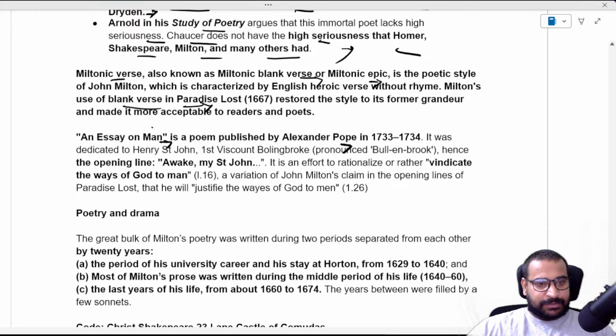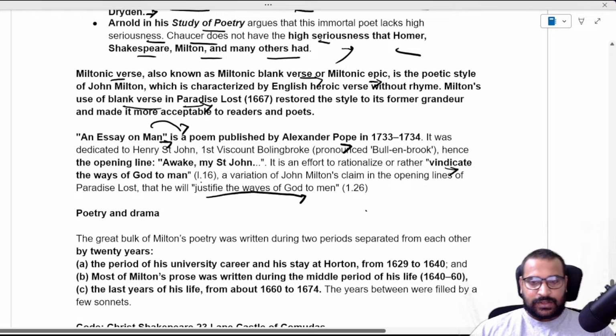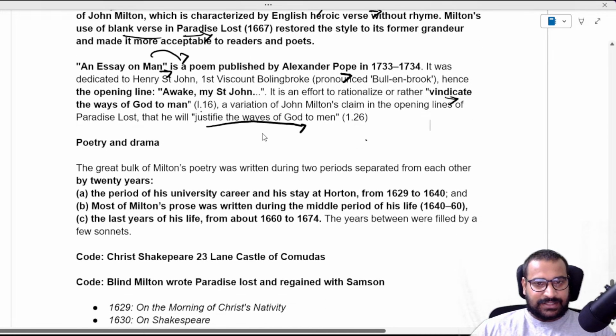Why is this poem mentioned here in Milton's section? Because just think about this line: vindicate the ways of God to man. A variation of John Milton's opening line, justify the ways of God to man. So through that you can easily understand why we have mentioned his work here.